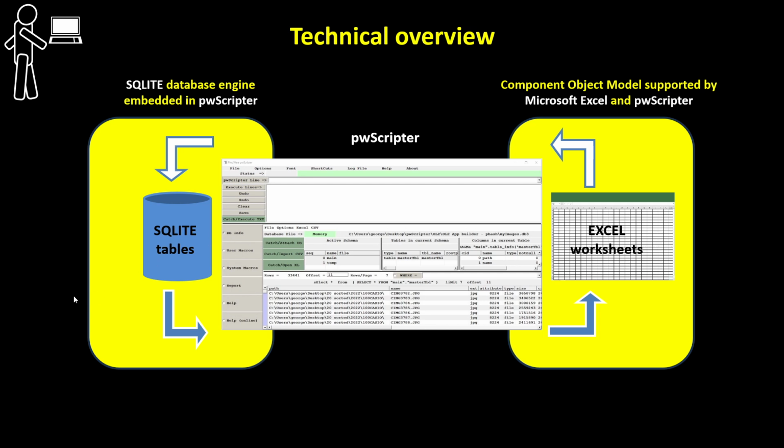We'll then bring in an SQLite database into this environment, and then we will be able to transfer very simply using, you won't see them, but it'll be using COM technology, Component Object Model, which is supported by Microsoft Excel and by pwScripter. And it works both ways. We can transfer data from an SQLite database into a worksheet, or we can transfer from a worksheet into the database.